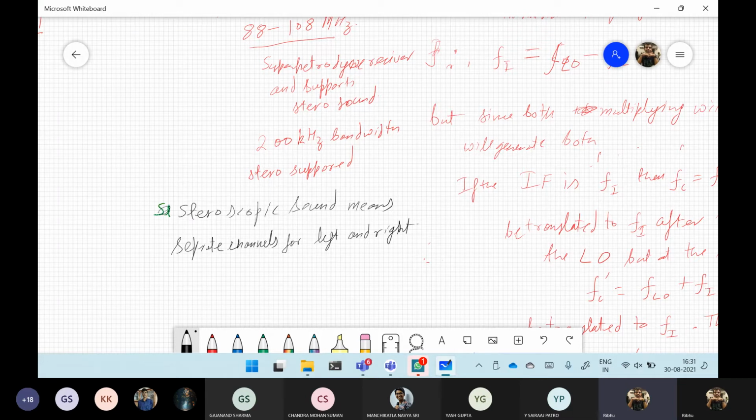If a radio is stereo capable, it demodulates both channels, adds and subtracts them to get separate outputs for the left speaker and the right speaker. If the receiver is not stereo capable, it simply demodulates the sum of the two signals and gives the output to you. Fine. So stereoscopic makes sense.